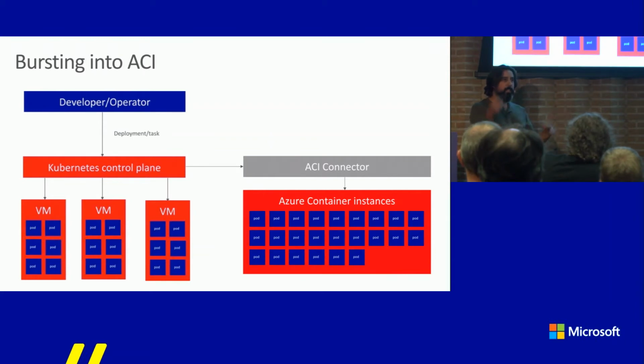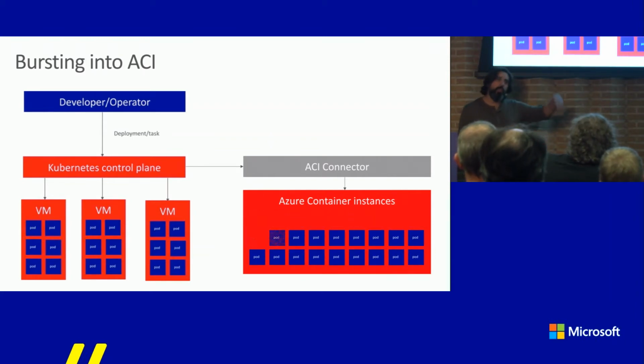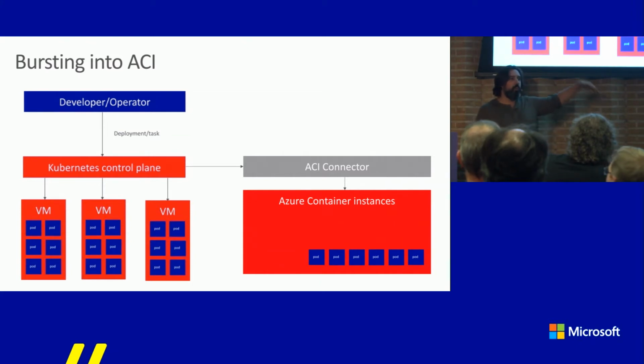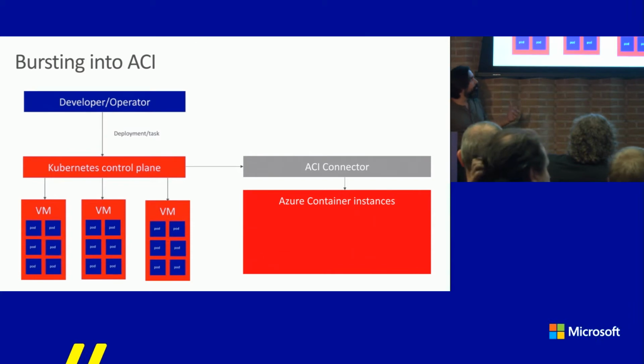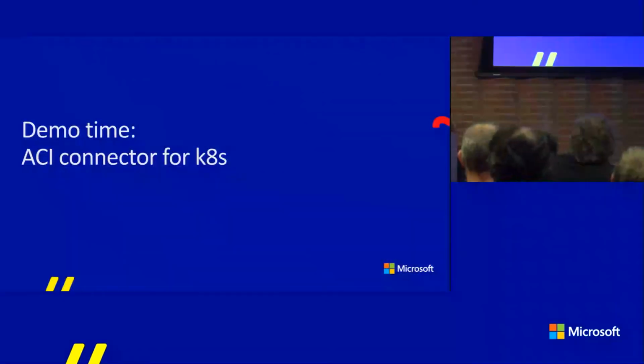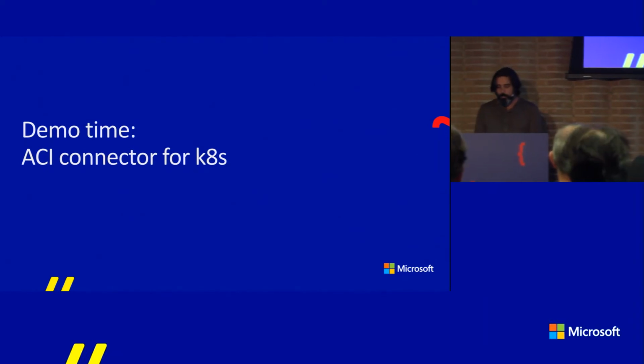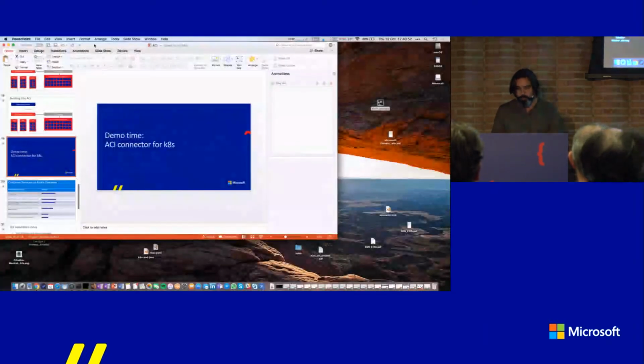It's a pretty nifty idea, and you can also destroy it when the capacity is not needed anymore because you are not running those workloads anymore. Things go away. So this is on GitHub. You can clone it. It's very simple, and I'll show you.